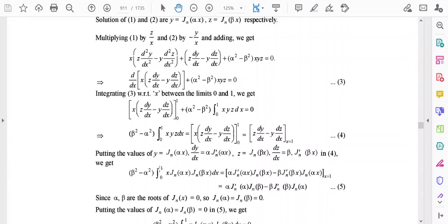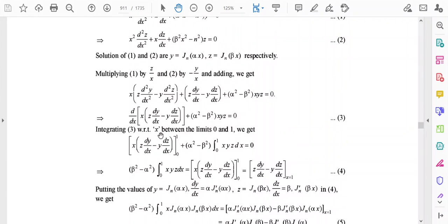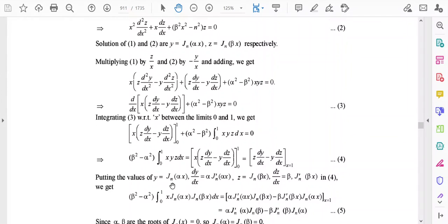Now putting the values, y is equal to Jn(alpha x) and z is equal to Jn(beta x). If y is equal to Jn(alpha x), then dy/dx will be alpha into Jn prime (alpha x). z is equal to Jn(beta x), so dz/dx will be beta into Jn prime (beta x).